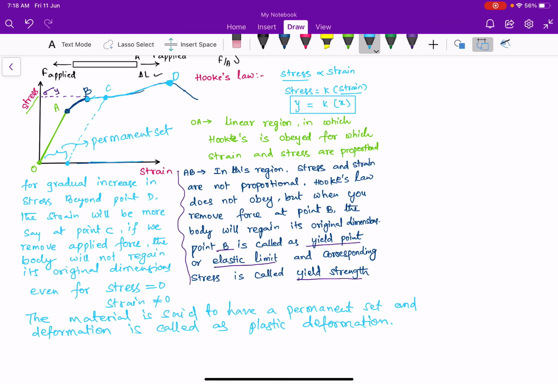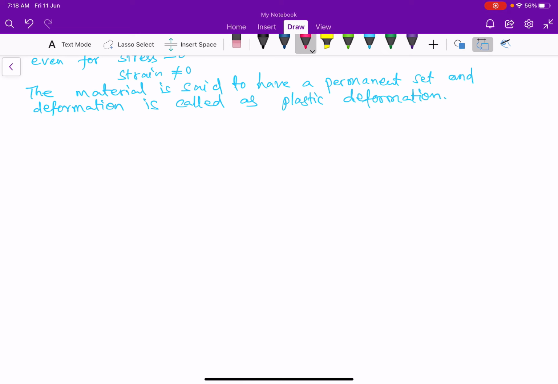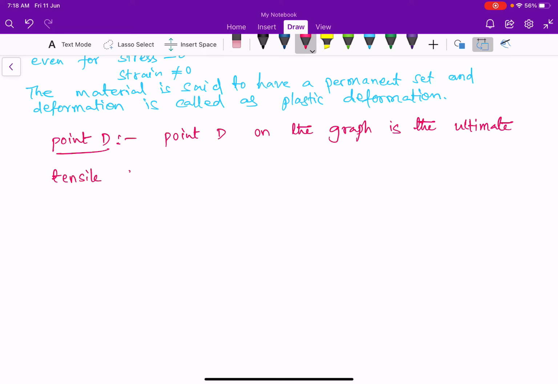Now, point D on the graph is the ultimate tensile stress, or tensile strength.